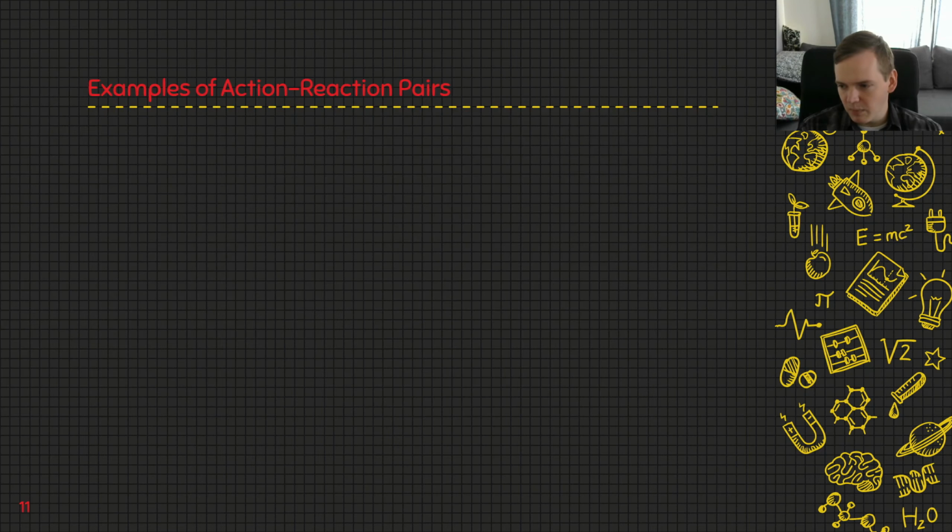So let's look at some examples here. So first of all, Mr. McKinnell pushes down on desk. That's the action, that's one of the forces. Desk pushes up on Mr. McKinnell.